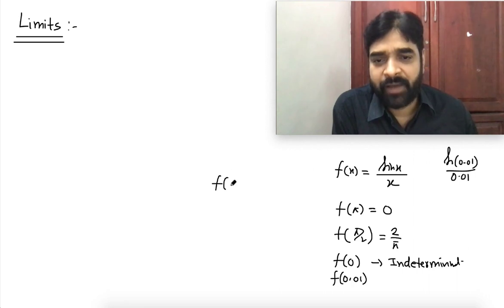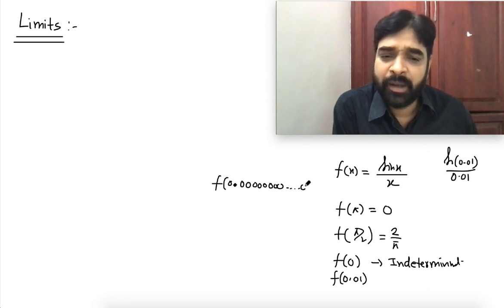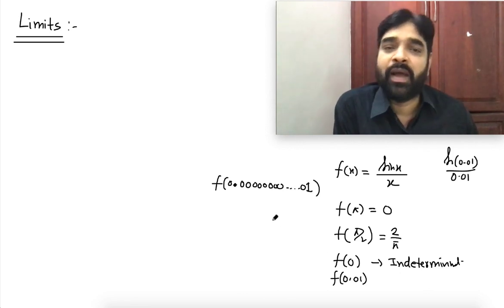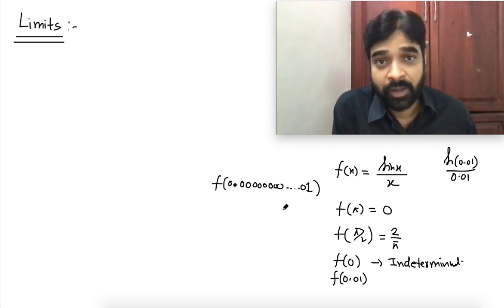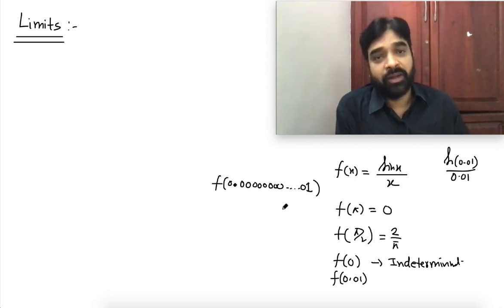If I say f of 0.0000000, unlimited number of 0s and then 1, will it be indeterminate? No, it will not be indeterminate. It will have some value. But what is that value? The idea is not there.